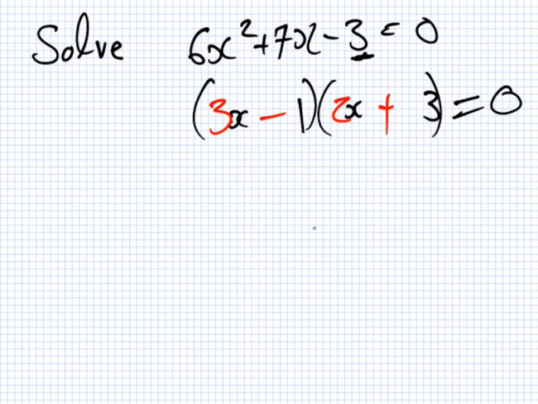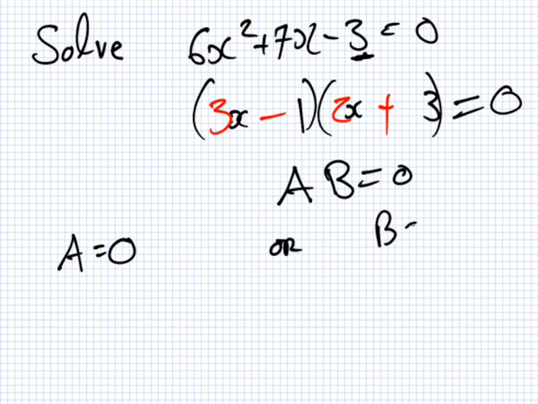Okay. So before we talk about sketching, we should talk a little bit about solving. So for example, say I say solve 6x squared plus 7x minus 3 equals 0. So here I want to find the x that makes this 0.